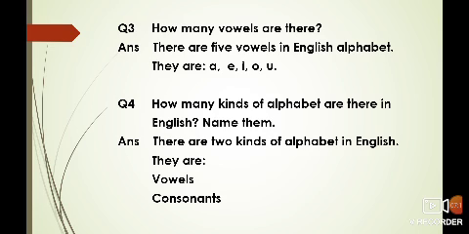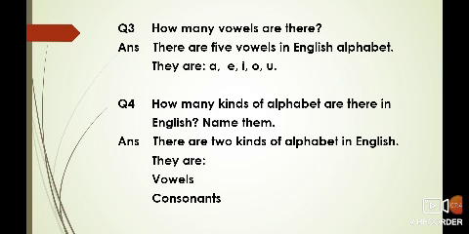Now repeat the answer. There are 2 kinds of alphabet in English. They are vowels, consonants.